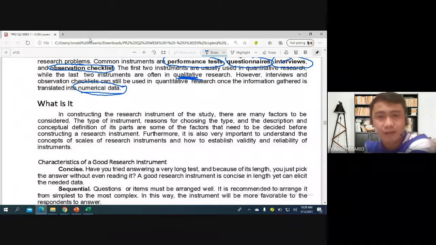Ngayon pa lang, dapat iniisip nyo na ano yung research instrument na gagamitin ninyo. Joshua and Irish, what do you think? Ano kaya ang instrument na gagamitin ninyo? Is it a performance test or questionnaires? What do you think?